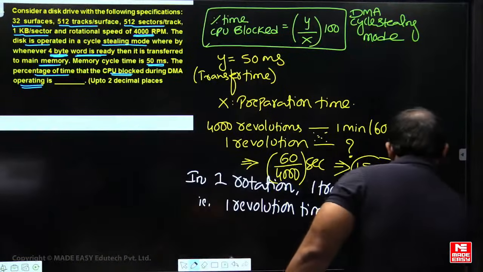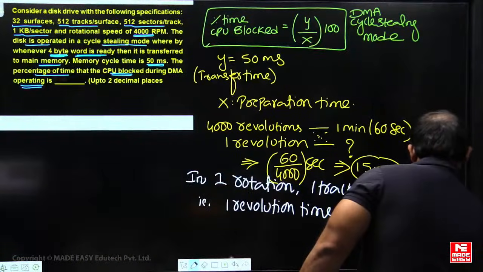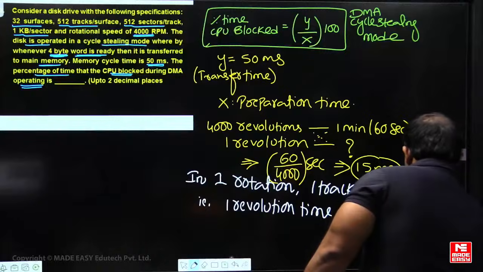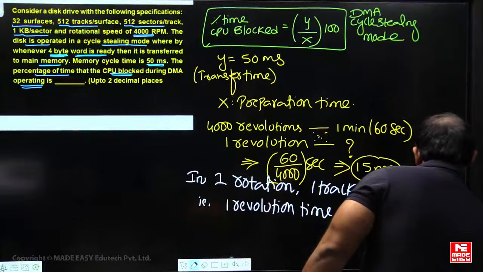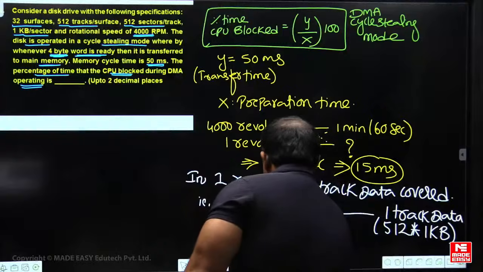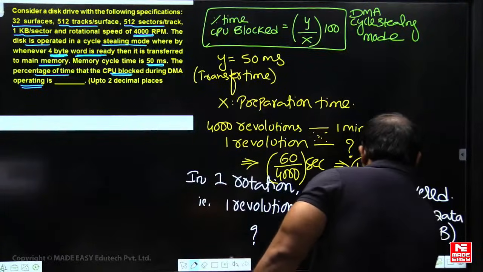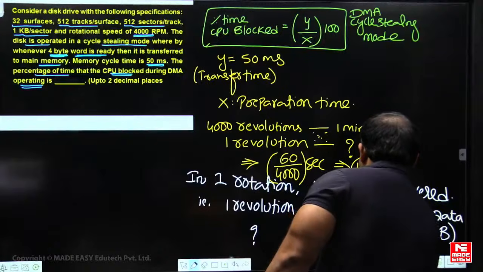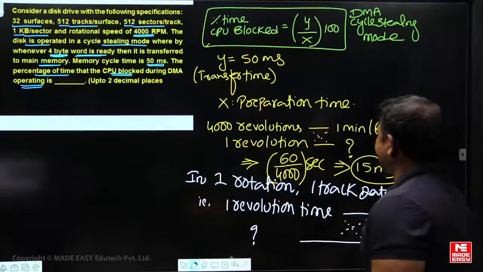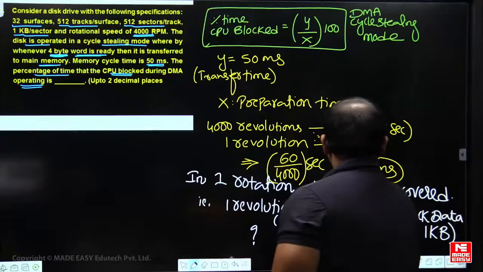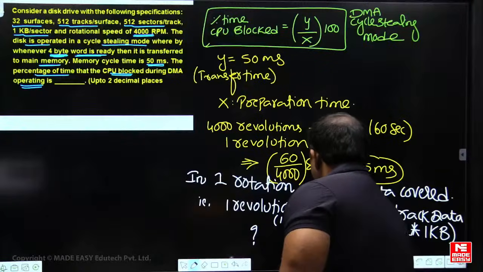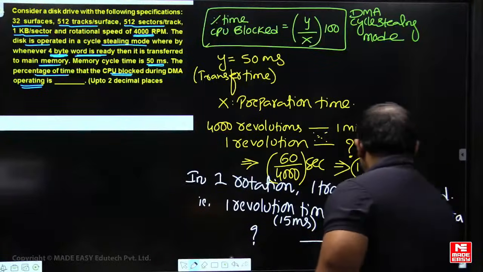So one track of data covered is 512 into 1 KB. Then how much time is required to access a 4-byte word? We want only 4 bytes. So this is 15 milliseconds, one revolution. Then simplify this.